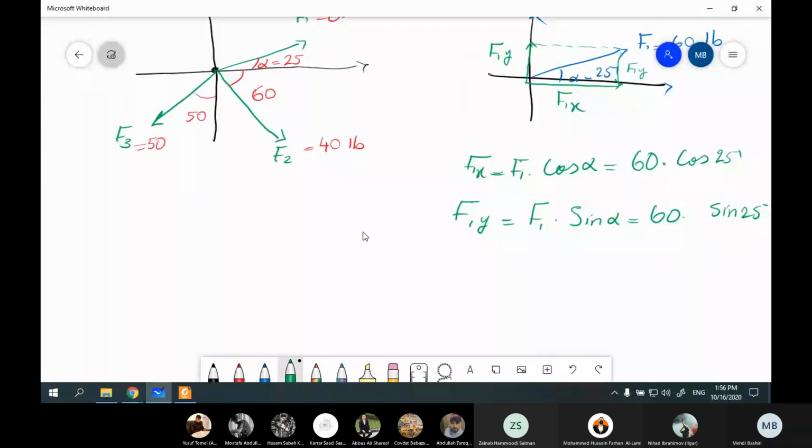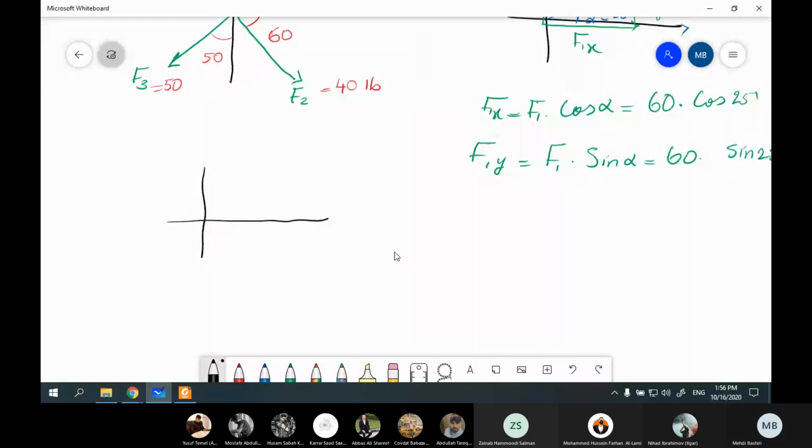I'm going to find the components of F2. For F2, this is the force. In this one we have F2x and F2y.